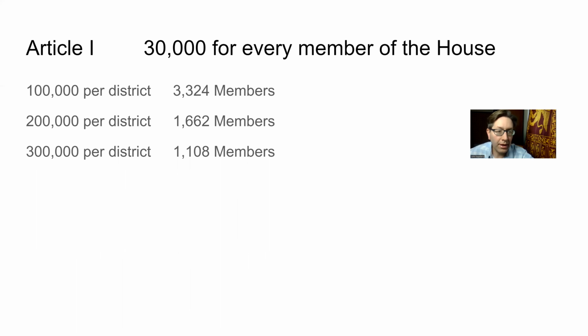If you want 200,000 per district, 1,662. And that was probably the usual size of the Venetian Grand Council. But if you want to go to 100,000, that'd be 3,324. So almost like the full membership at its largest of the Venetian Grand Council.